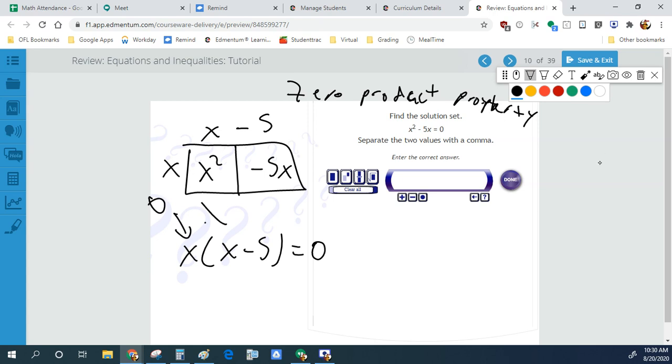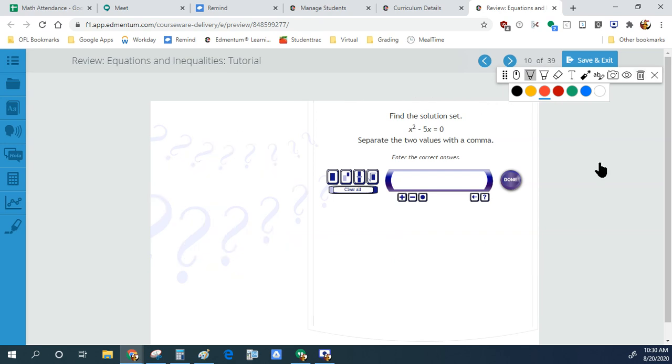It doesn't even matter what this is. If this is 0, it's going to be 0, right? 0 times a million is still 0. So what I'm going to ask us to do is, minus 5. What do I have to plug into this x to make it 0?